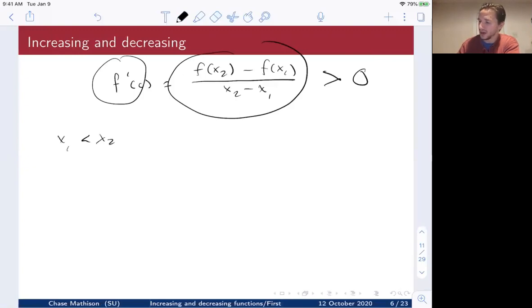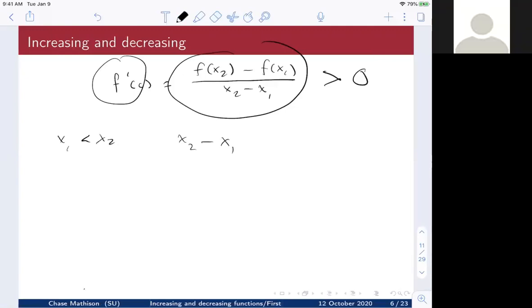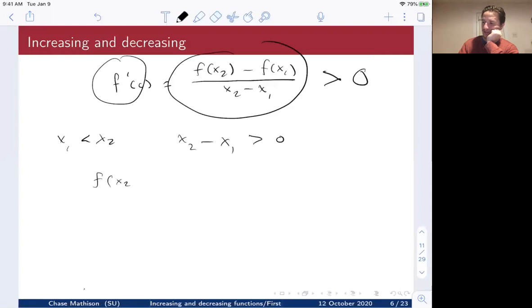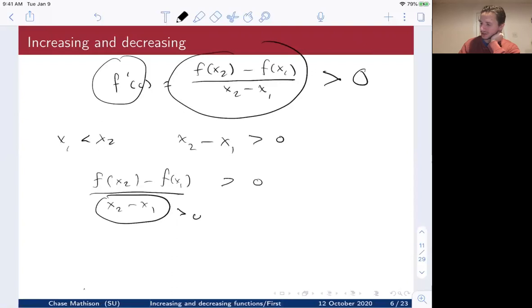So what can I say about x2 minus x1? It's greater than 0. Perfect. So I have f of x2 minus f of x1 over x2 minus x1 is bigger than 0, and I know that the denominator is bigger than 0.